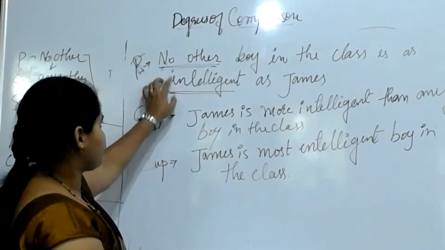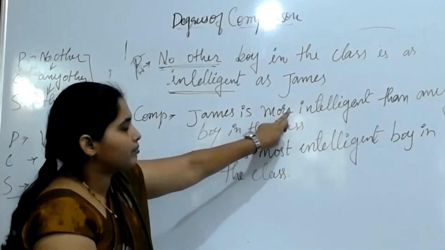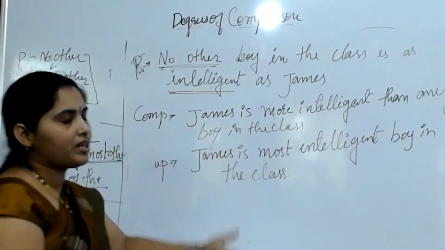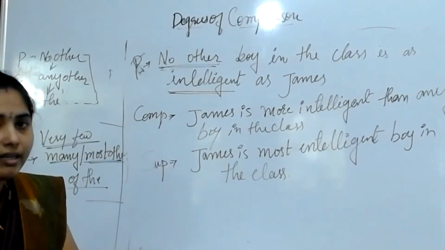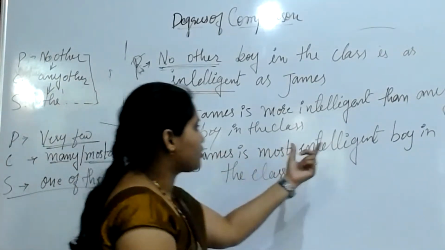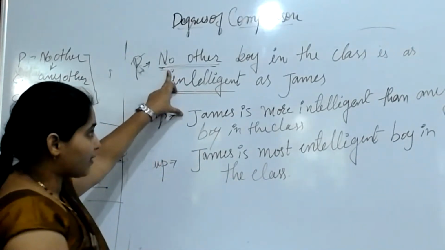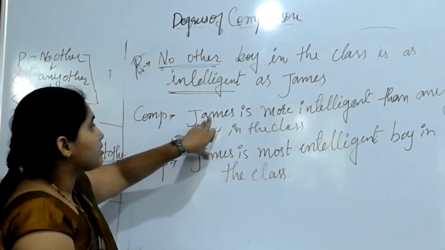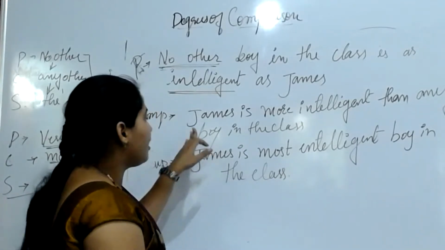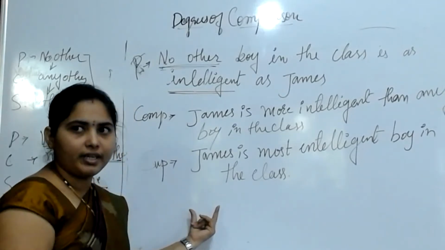This is how you have to transform. If the sentence starts with "no other", write "more intelligent" or add "er" for the comparative degree, and in the superlative degree, James is the most intelligent boy in the class. If it starts with "very few", you have to use "many other" or "most other" instead of "any other", and "one of the" in the superlative degree.